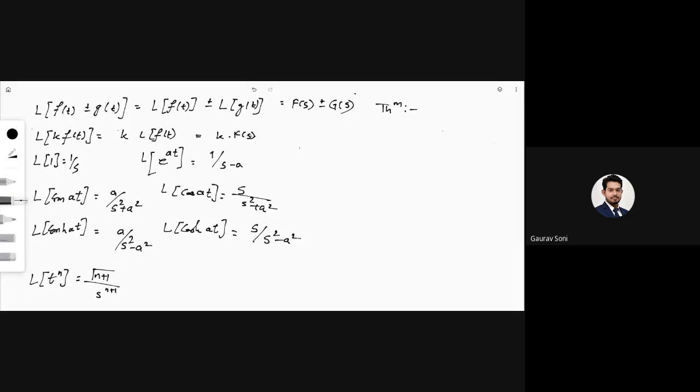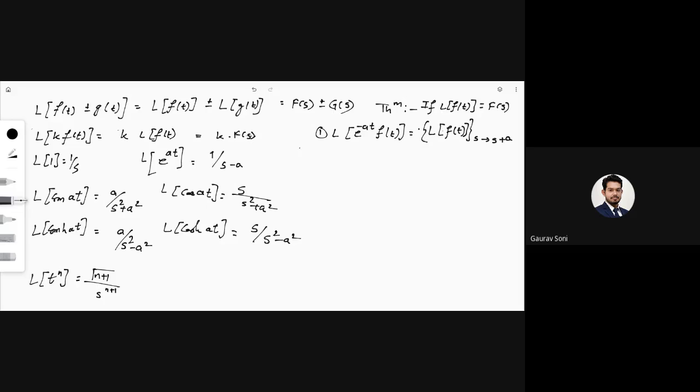Theorems. First, I'll consider that Laplace of the function f of t is equal to capital F of s. Then the first one: Laplace of e to the power minus at f of t is equal to, you take the Laplace of f of t, and whatever answer you get, in that you replace s by s plus a.